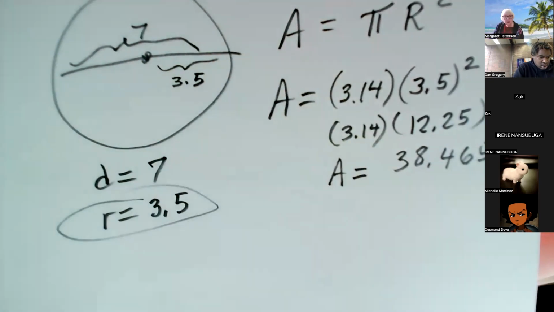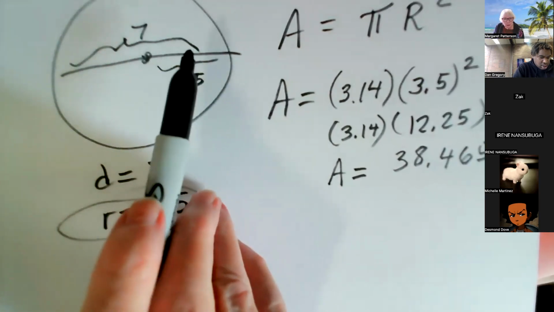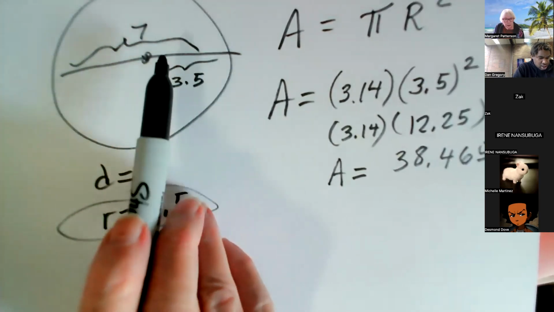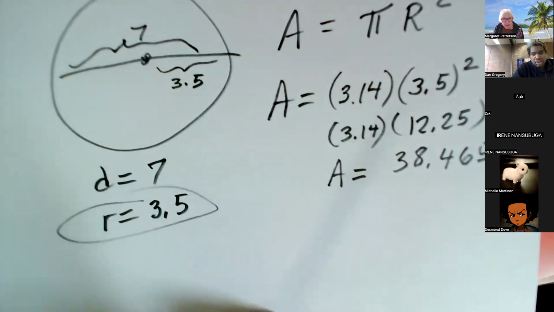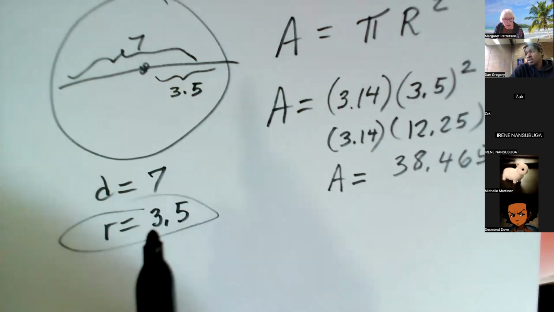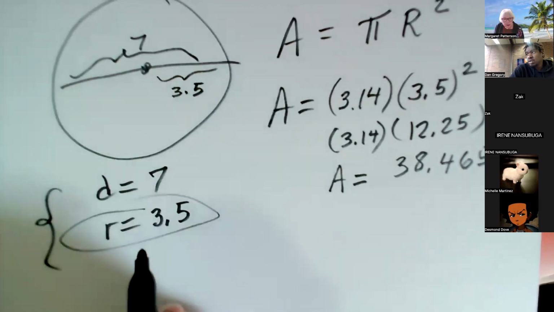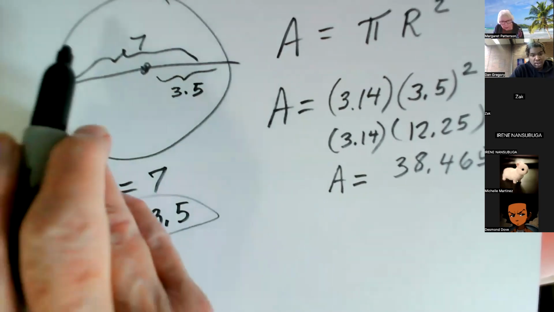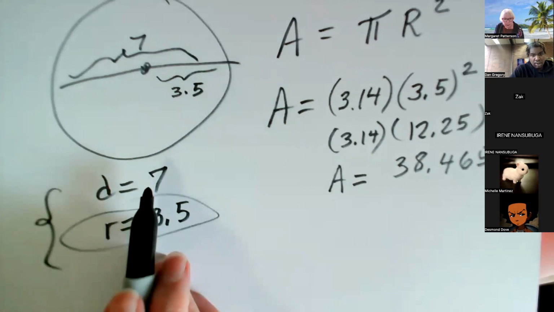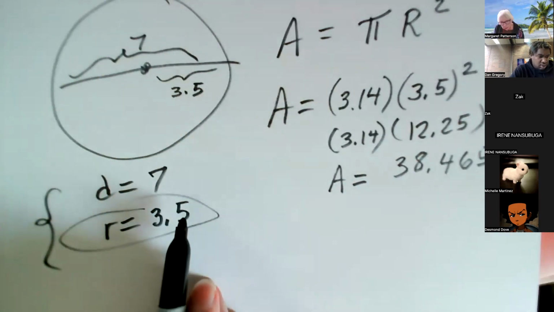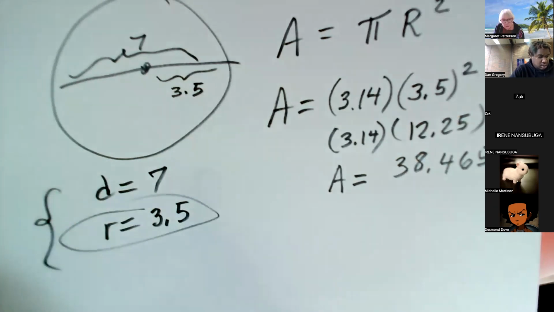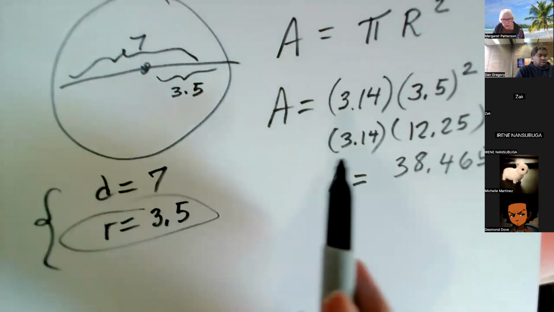I just want you to be aware, and sometimes it won't be this annoying where the radius is some decimal like this, but it could happen. It doesn't hurt to establish that what they gave you was the diameter, and what you needed for this particular formula was the radius. You've got to make sure you've got that squared away.